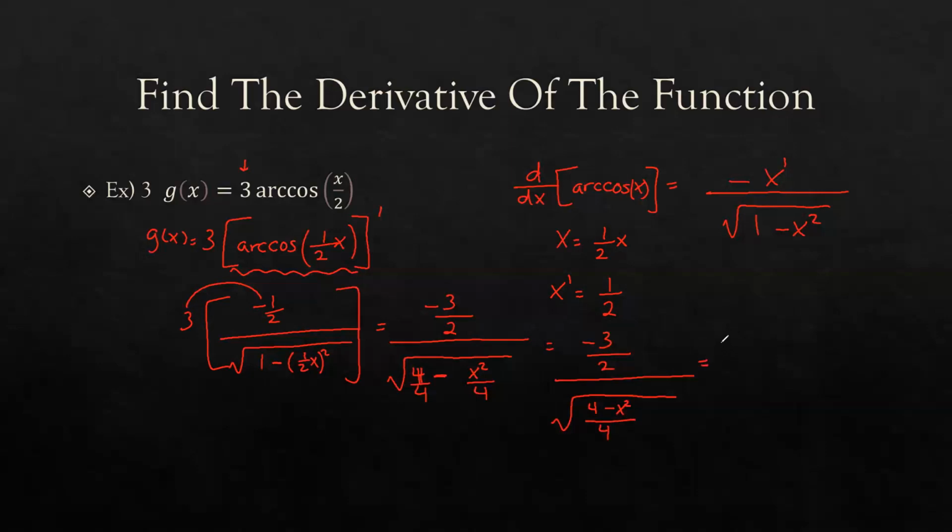And then you can simplify this. We have a complex fraction, so this would be expressed as negative 3/2 over the square root of this whole thing. It's like saying the square root of 4 minus x squared over the square root of 4, right? That's equivalent to this. So this one right here stays the same; you can't really simplify it.